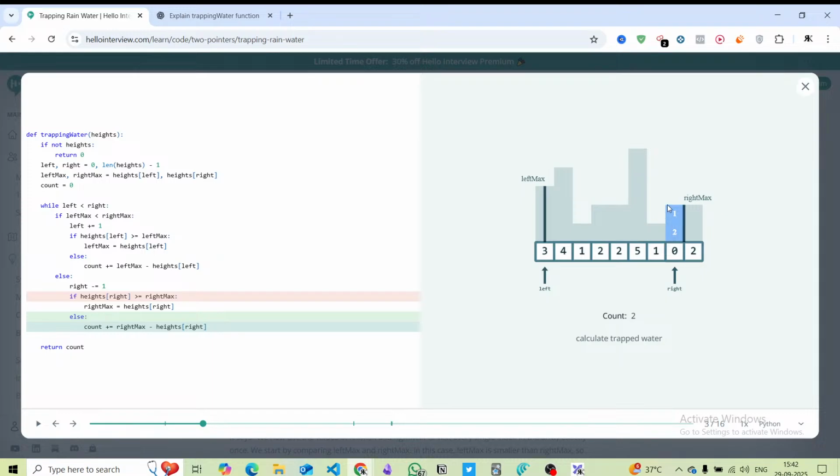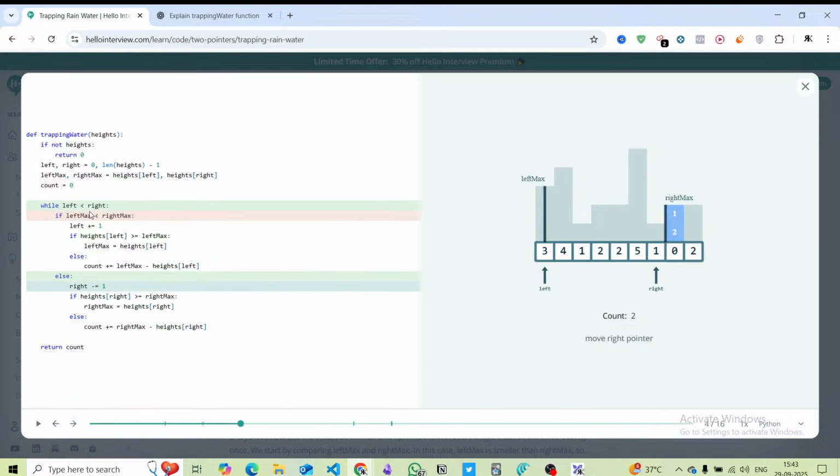Yeah. So the water trapped in this will be 2, right? And then again we check this one and then we just move the right pointer and then calculate the right max and the right value.